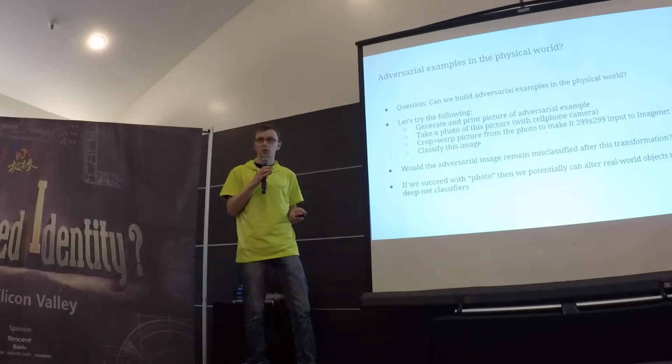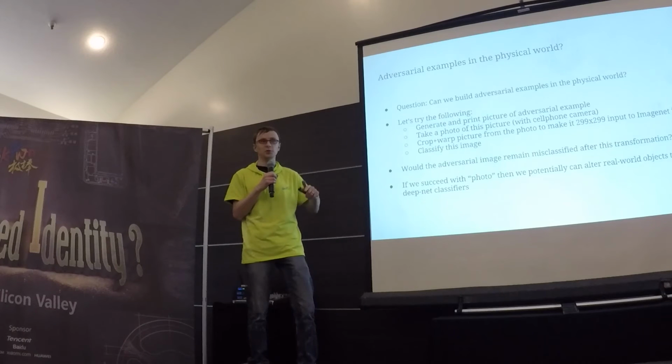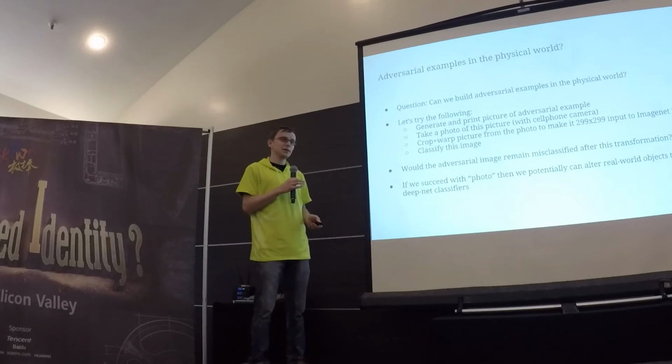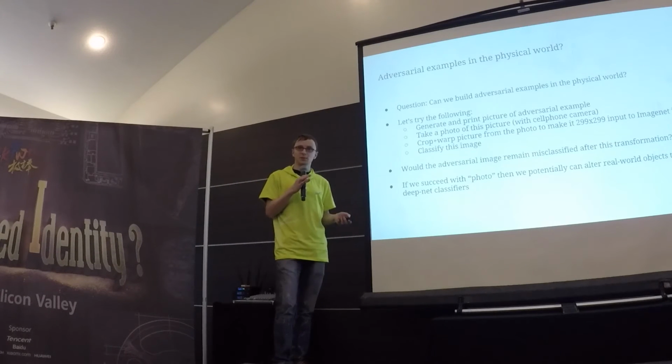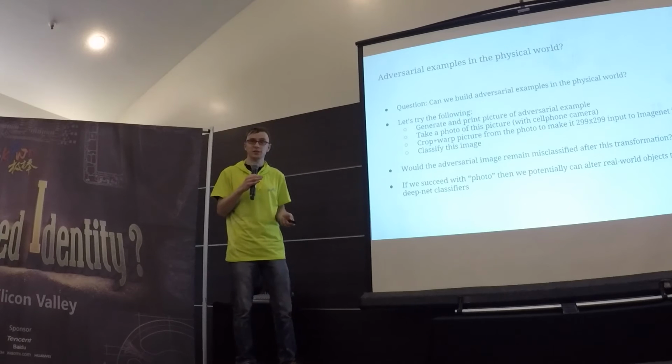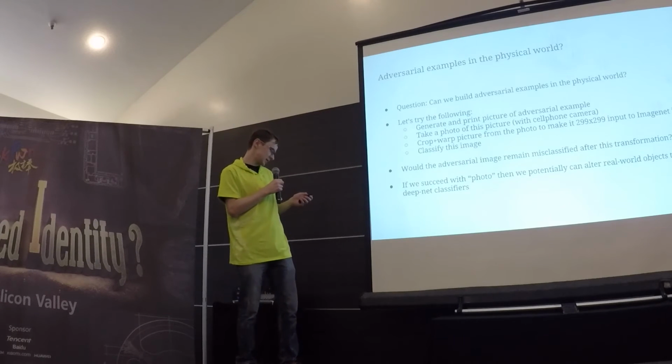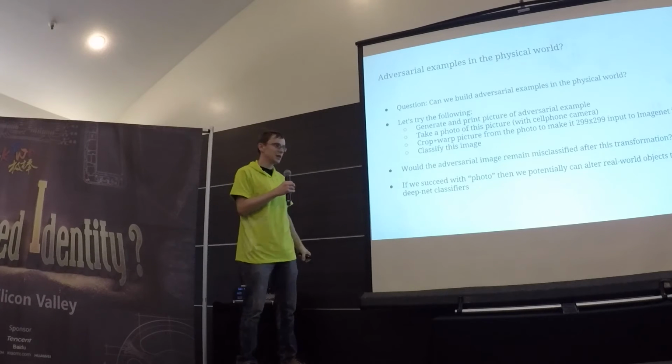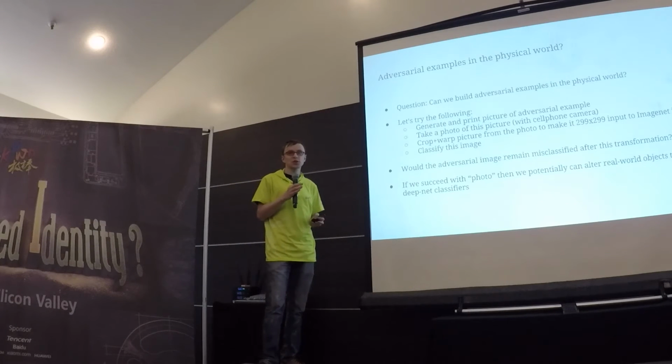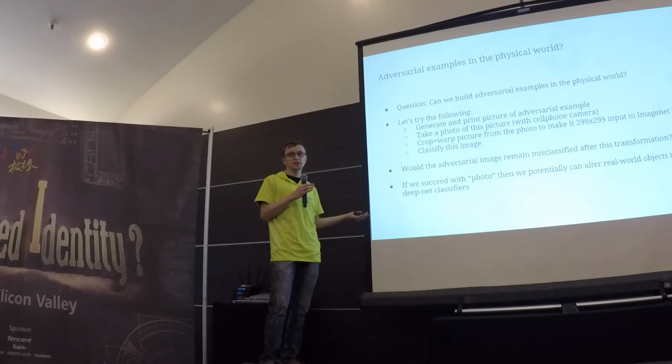If you use a camera or any other sensor, then typically you don't have fine-grained control of the image which is fed to the neural network. And then the question arises: in this case, when you don't have fine-grained control and you perceive data through the camera, can you still do the adversarial attack? To show whether it's possible or not, we did the following experiment. We printed a bunch of images, printed pairs of clean and adversarial images.